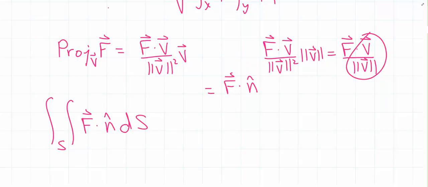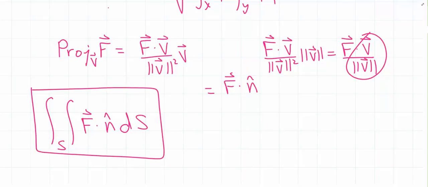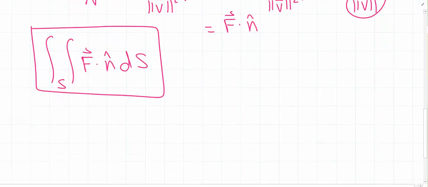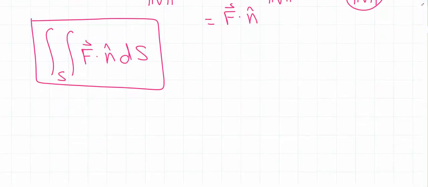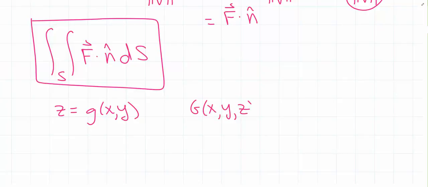Okay. Now, this is just the general form for our surface integral involving vector fields. Now, let me see if I can simplify that a little bit. So, we've got this surface, and I rewrite this surface this way.